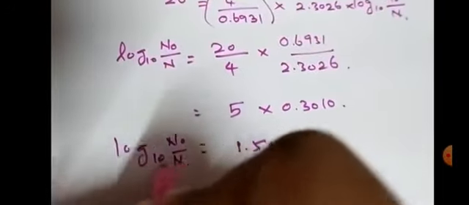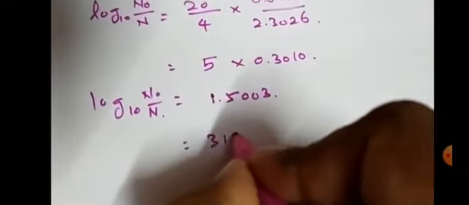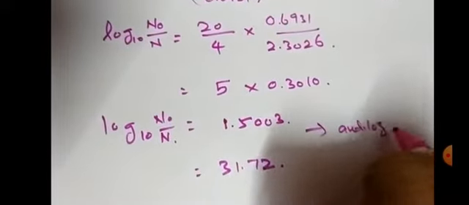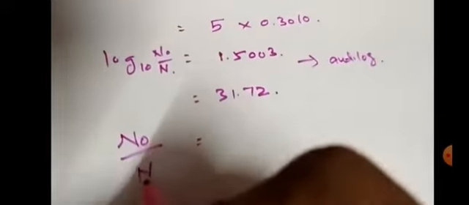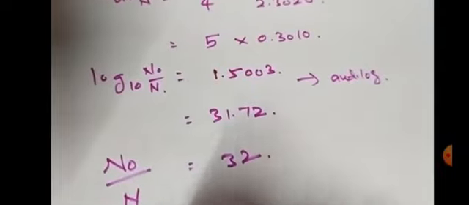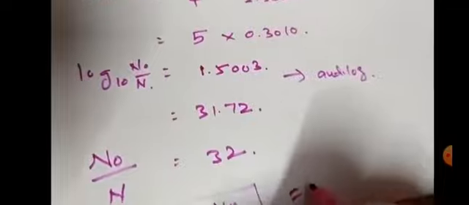This is log 10 of N naught by N. Taking the antilog of this, you will get 31.72, which means N naught by N is approximately equal to 32. So N is equal to N naught by 32. With N naught being 1, it is 1 by 32. The correct answer is 1 by 32.